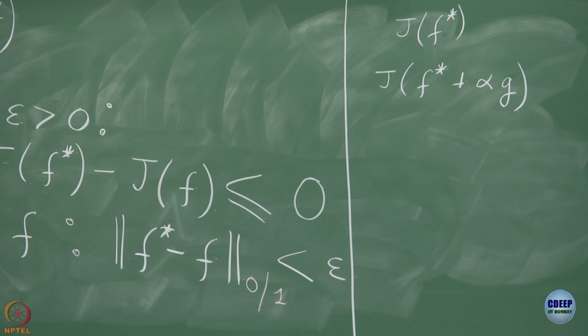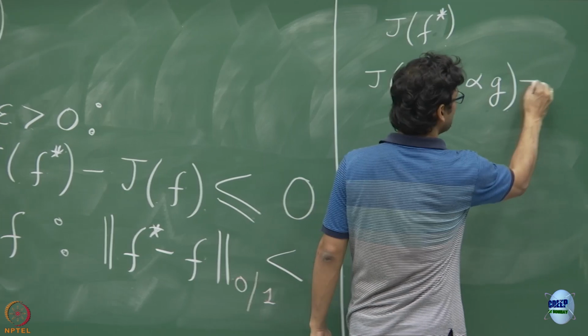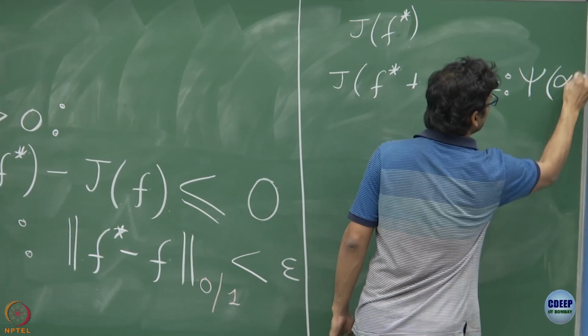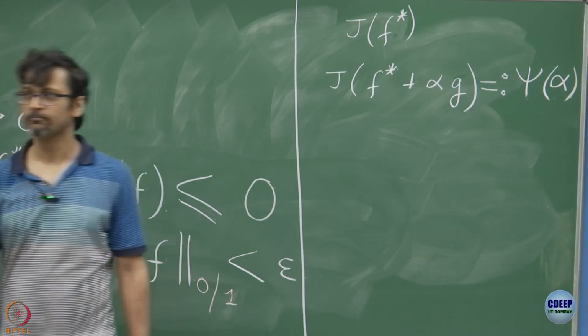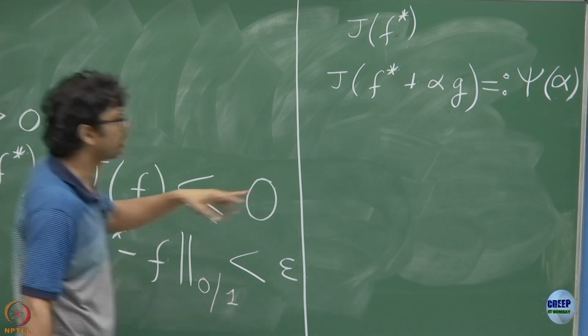Very similar to X star plus alpha V if you remember, and we call that, here we are already using G here, so we cannot call it G anymore. Let's call this psi of alpha. Do you see the analogy? It's very strikingly similar to what we did in the finite dimensional case. In your mind you have to just make the transition.